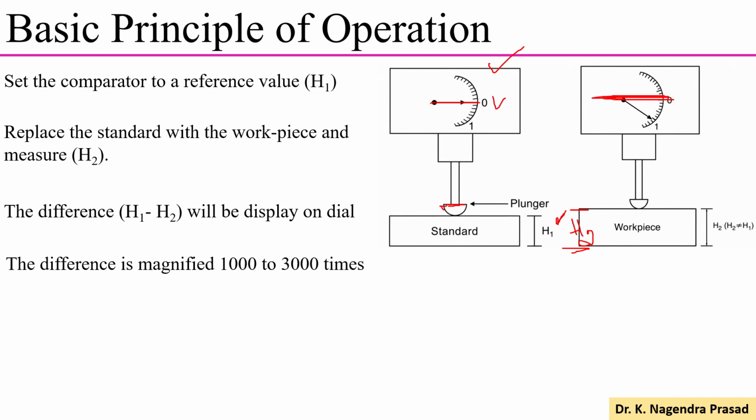If there is any difference between the standard height and the workpiece height, this difference will be shown in the readings. So the difference H1 minus H2 will be displayed on the dial. Moreover, this difference is magnified 1000 to 3000 times. So this is the basic principle of operation of comparators.